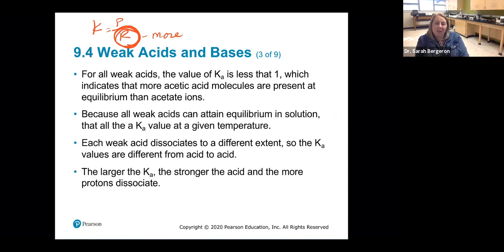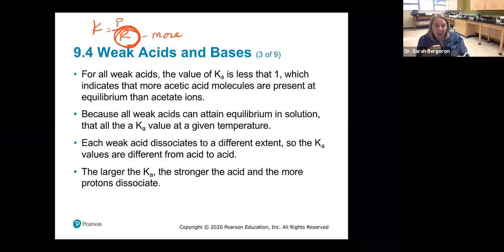Because all weak acids can reach that equilibrium in solution, we can give a Ka value for a particular temperature. Temperature will change the Ka values, but that's okay. We're just going to stick to a given temperature. Each different acid is going to dissociate to a different extent, so some dissociate more than others, and they'll have unique Ka values.